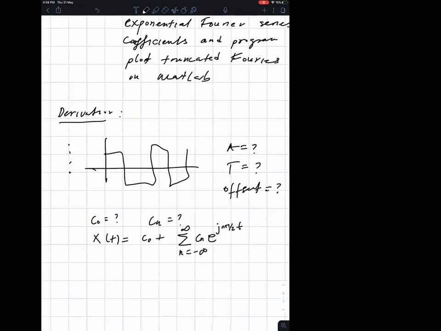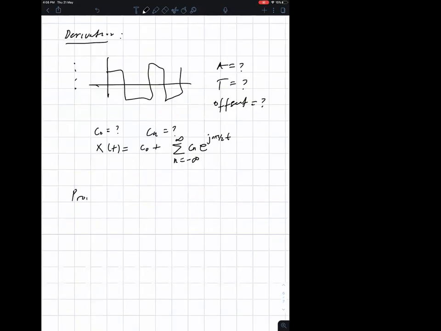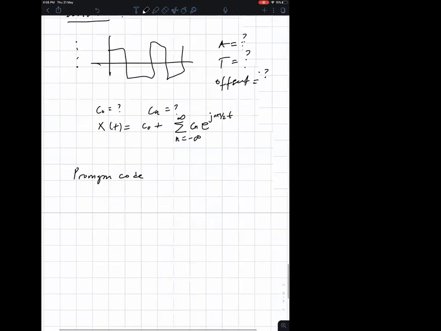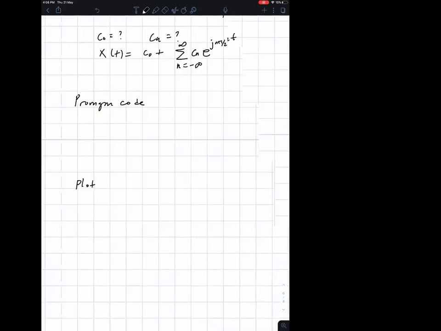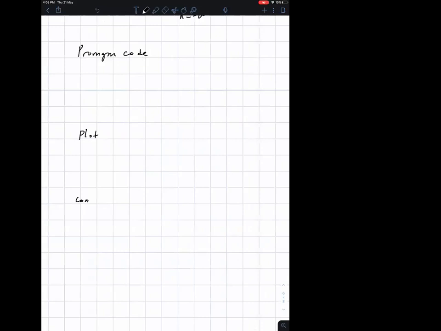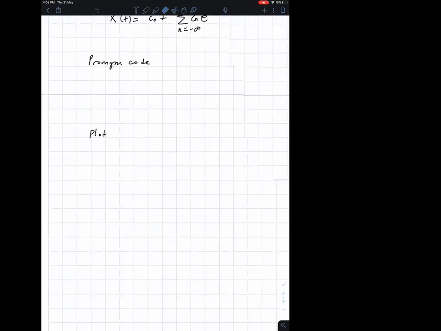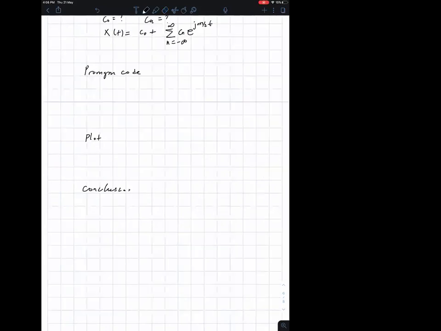So after doing this, include your MATLAB program code and then your plot. Actually, no need for a conclusion in this case, just the plot. Conclusion is optional, and there's no mark for it.